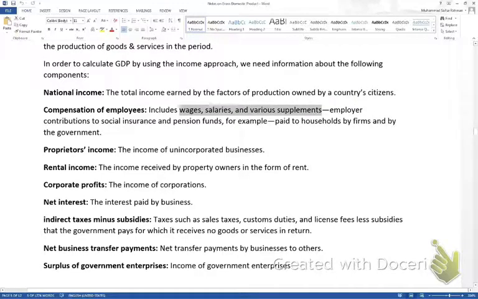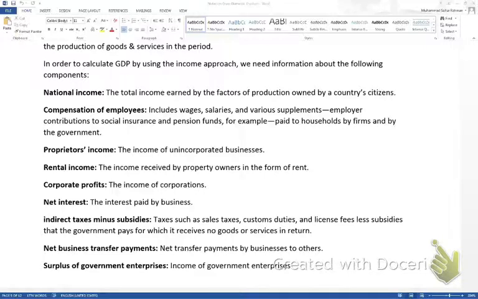This is like employer contribution to social insurance, pension funds, and these are interesting in the sense that these were not traditionally or formally introduced in the expenditure approach. But we know that if I have a pension account from which I receive income and I don't have a job, that actually becomes my income. So we need to really keep track of these employee compensation and the employer compensation.